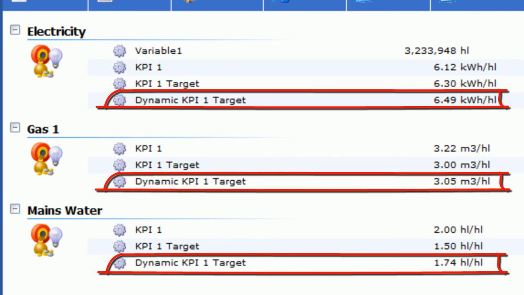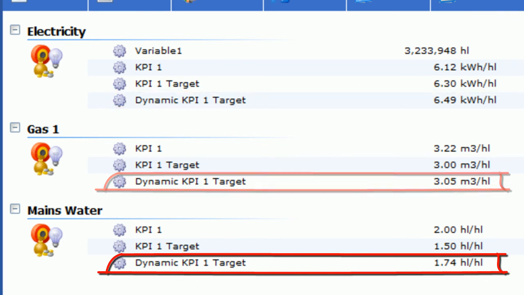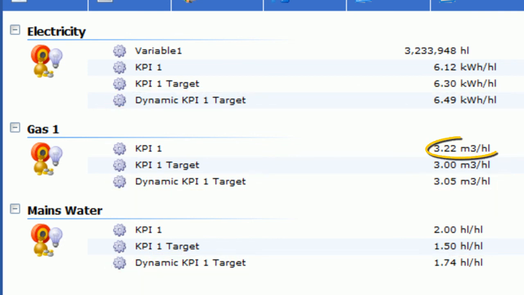So currently what this is telling me, if we look at the example of gas, is that my current performance on this site is running at 3.22 cubic meters per hectolitre of gas.